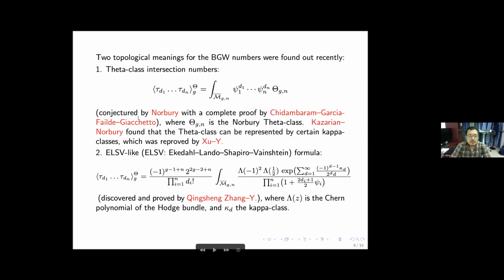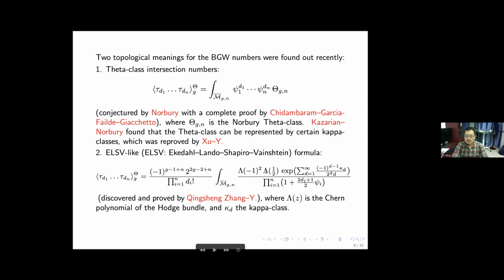The second topological meaning for the BGW numbers is an ELSV-like formula. ELSV is named after Ekedahl, Lando, Shapiro, and Vainshtein. It means these BGW numbers are also equal to a class integral over M_g,n bar. Here, the psi class enters from the numerator in this product form, and kappa_d is again a kappa class.